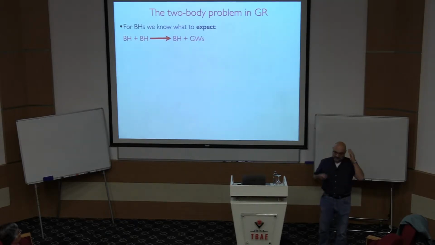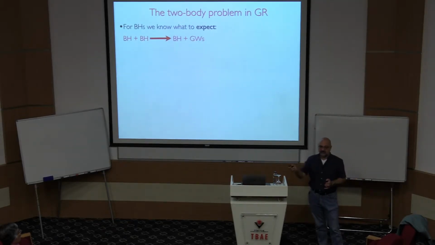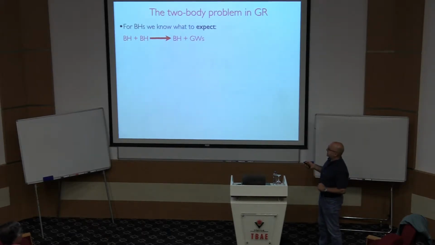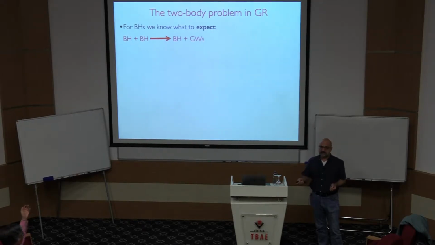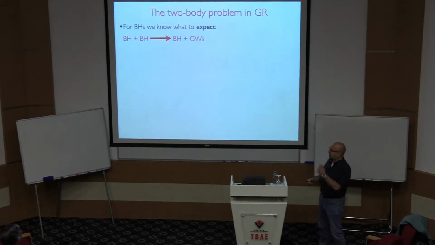If you think about it from first principles, in an abstract manner, you can think of this as a two-body problem where you have two objects at the beginning, two black holes or two neutron stars. You assign some linear momenta, and then you study the evolution of these objects. In the case of black holes, we know what happens.